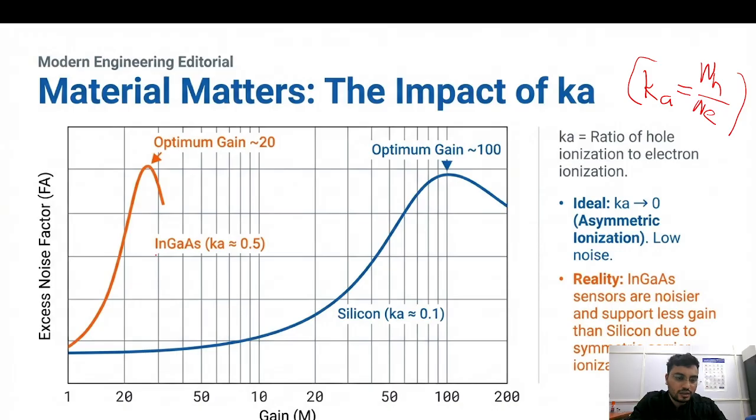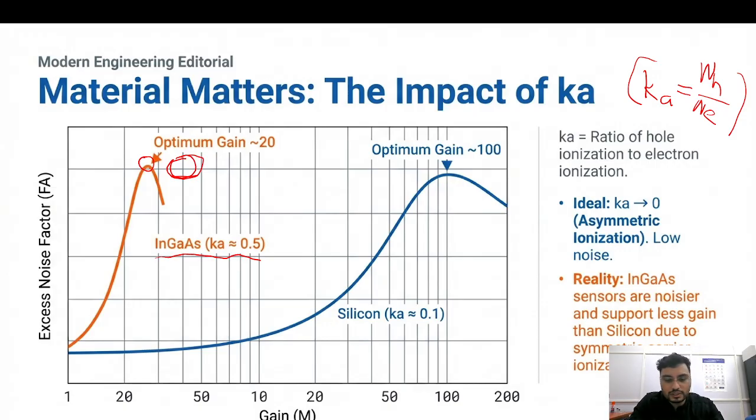If you see in an indium gallium arsenide APD, Ka is around 0.5, and the optimum gain is approximately 20 to 30. If you are dealing with low temperature, because thermal noise is reduced, it can go up to 30 to 40 or 40 to 50, in this range.